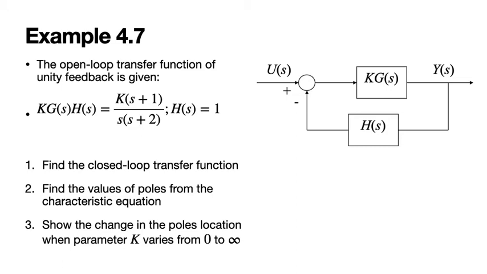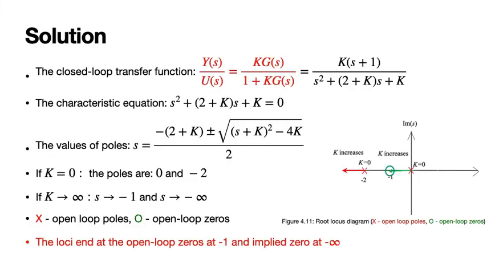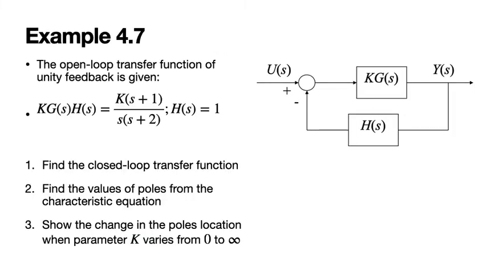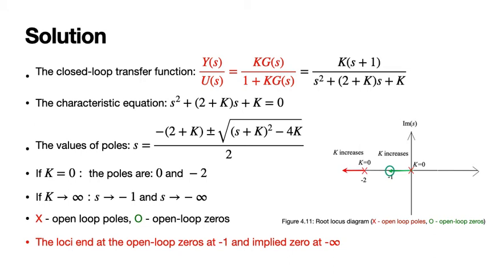This is the same as earlier. Let us look at how it is solved. The closed loop transfer function will be KG over 1 plus KGHS. In this case, H equal to 0. So based on these equations, the closed loop transfer function will be the numerator over the denominator plus the numerator.